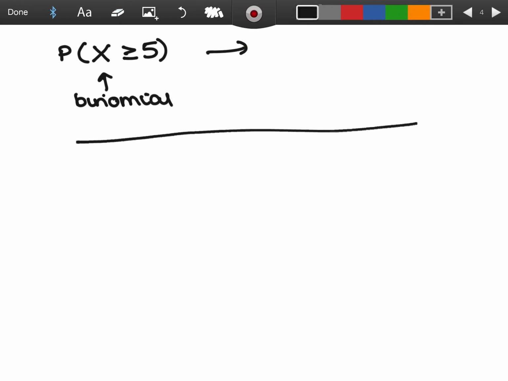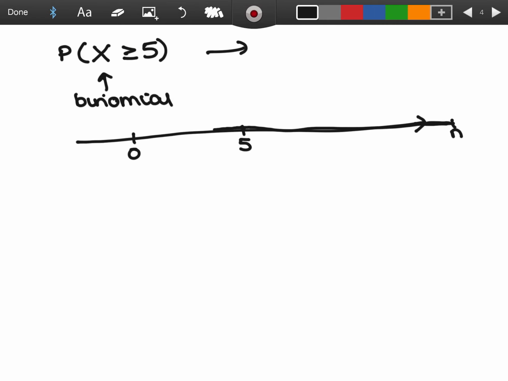So again, draw yourself a number line. 0 is the lowest amount of successes you can possibly have. We're looking at the probability of having greater than or equal to 5 successes. So you can go up to however many trials you've got, let's say n trials. But I want the probability that I have at least 5 successes. Again, we want to make the set larger.